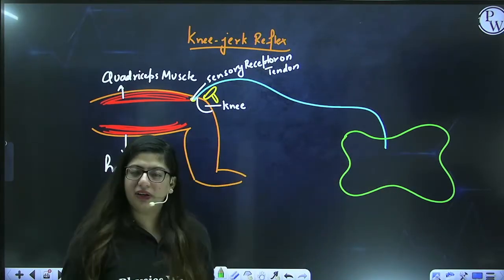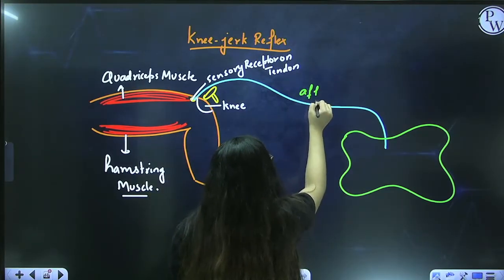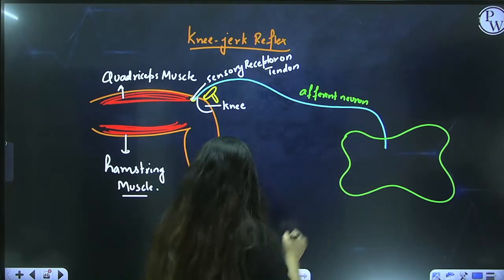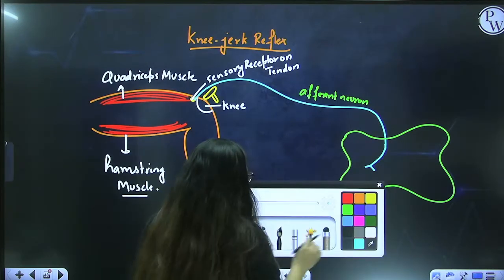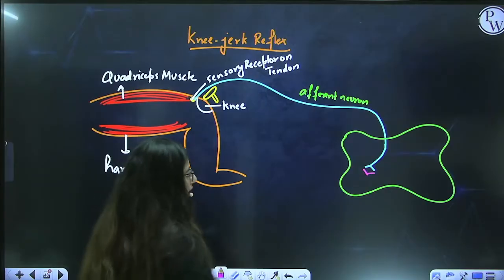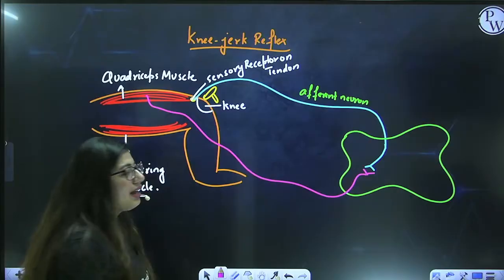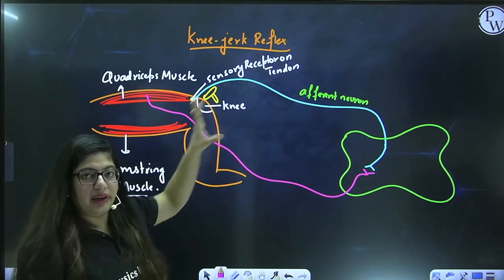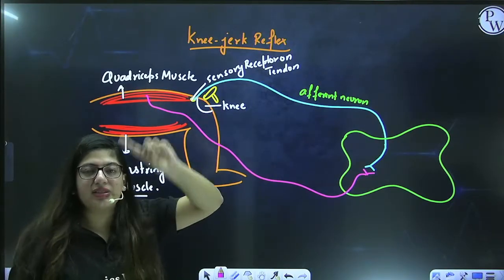This is the dorsal, posterior, sensory part. So all the sensory information via the afferent or sensory neuron will go to the dorsal part of the spinal cord. Now this will form a synapse with the motor neuron or efferent neuron and send the impulse to the quadricep muscle, and the quadricep muscle will contract and the leg will straighten up. This is one reflex, known as the knee jerk reflex.